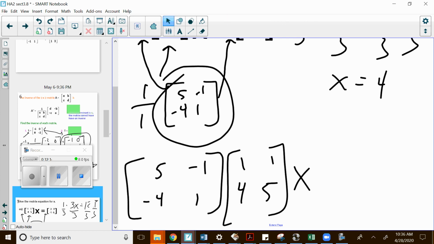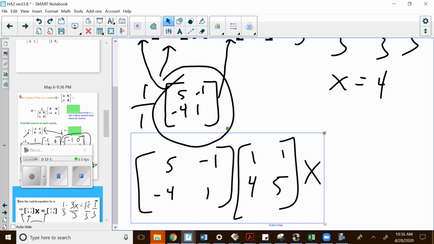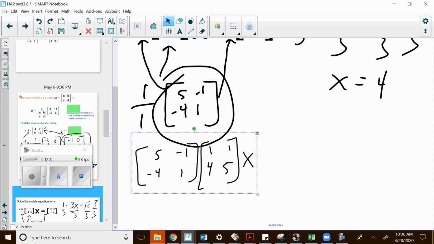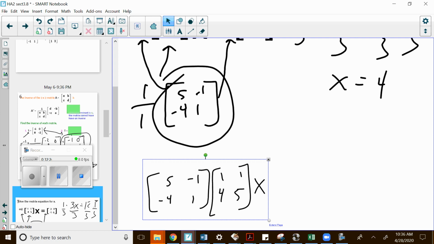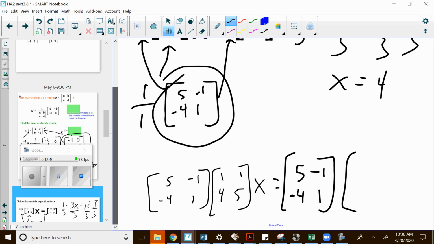Better make this a little bit smaller to fit this all on one page. Okay, and that now is equal to, all right, that same inverse that we found, 5, negative 1, negative 4, 1, times 2, 3, negative 1, 6.